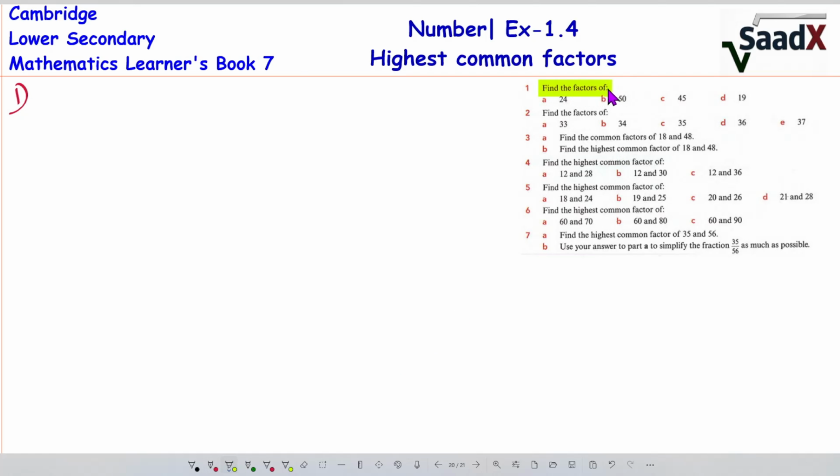Find the factors of A, 24. So first we have to find out the factors of 24.